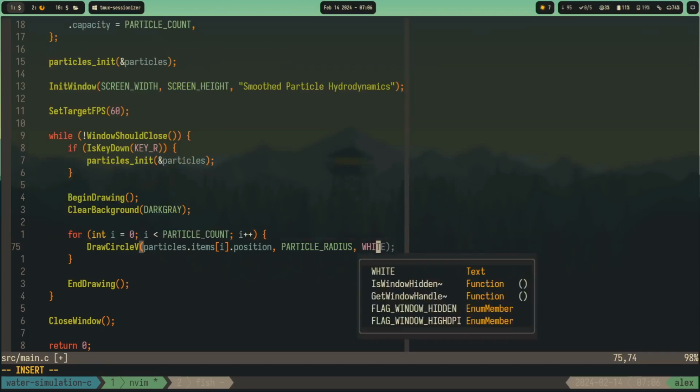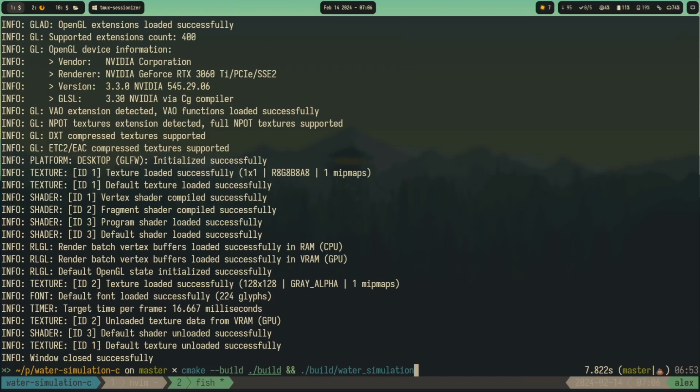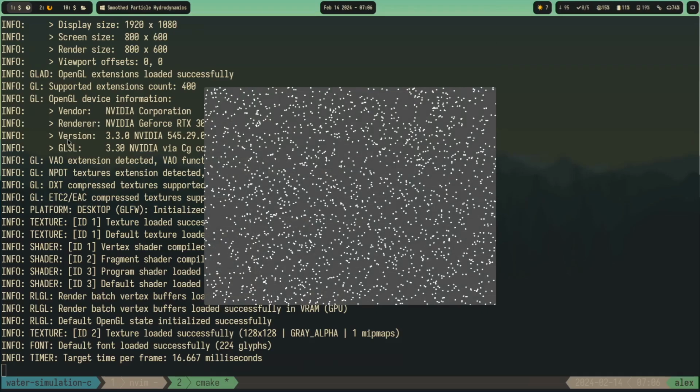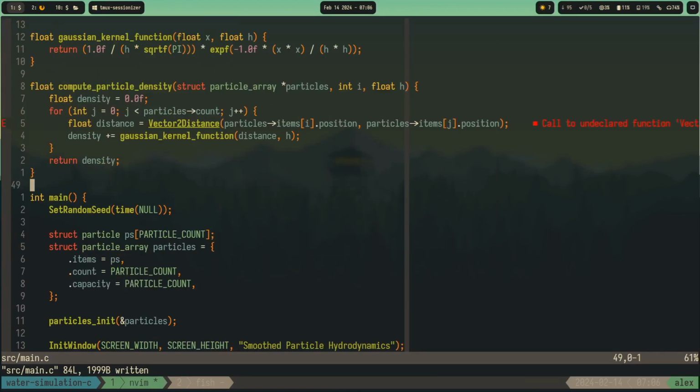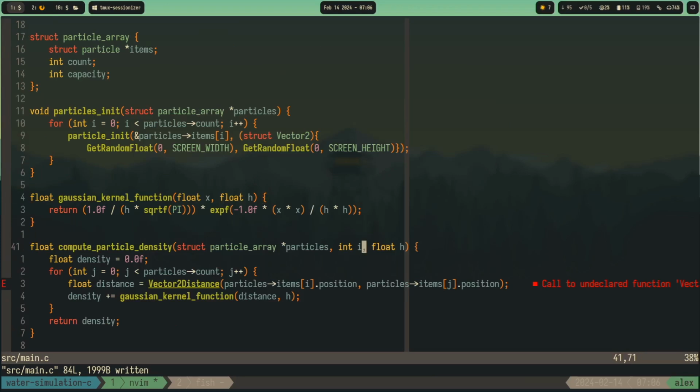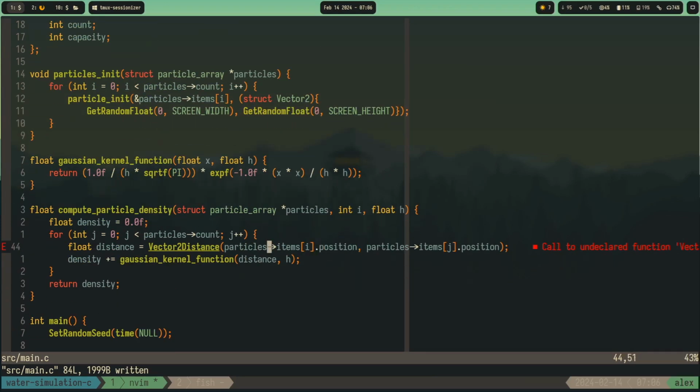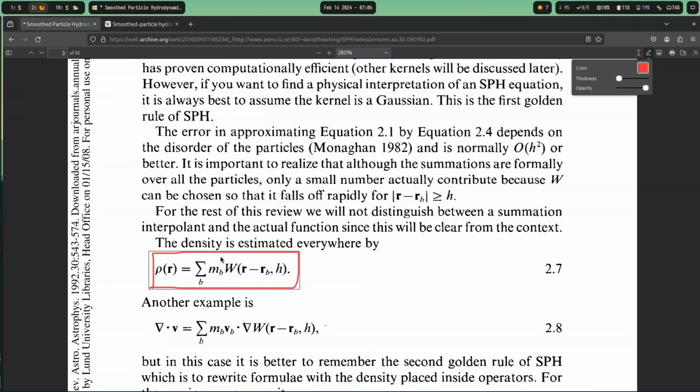I mean, we can also use white. It looks strange. Anyway, so basically to get the, well, it auto-completed anyway.